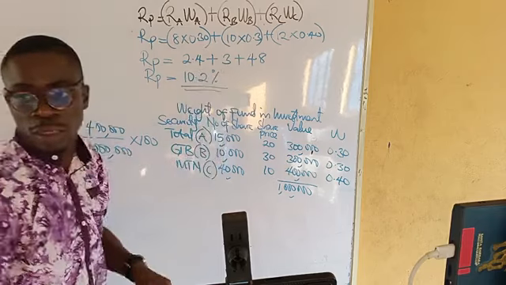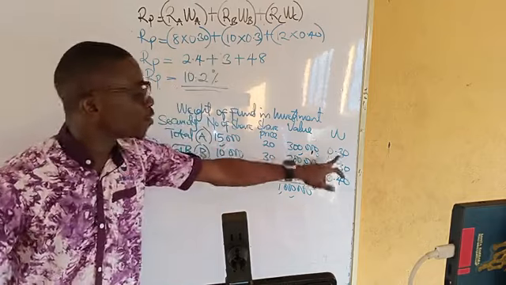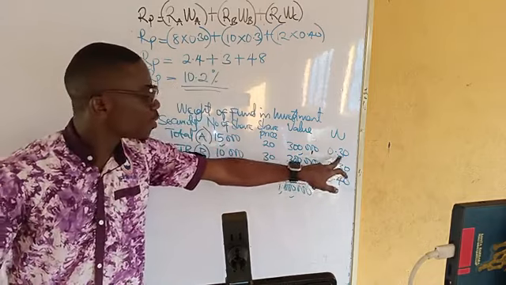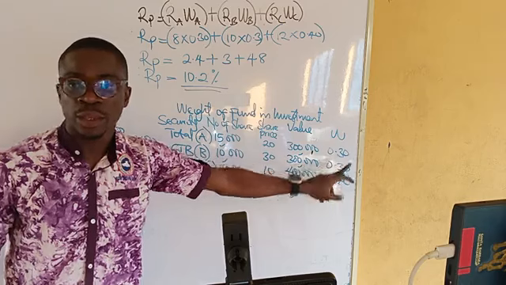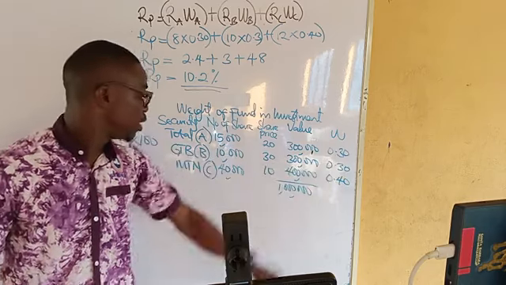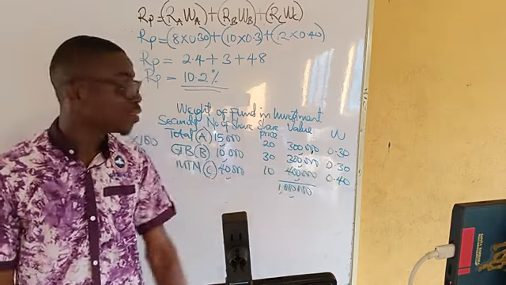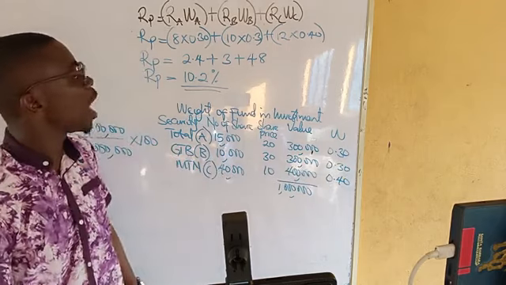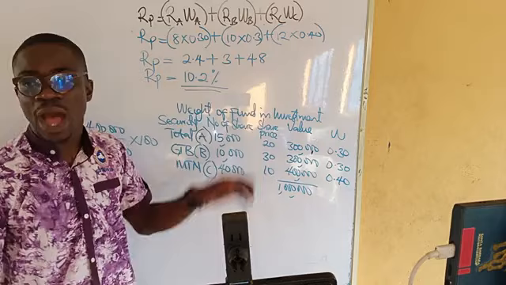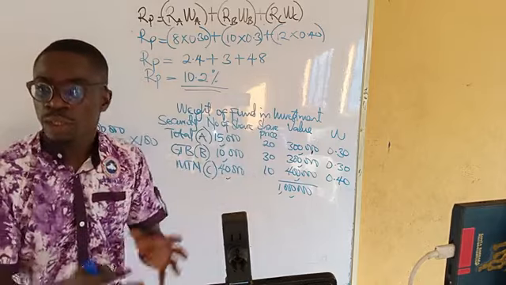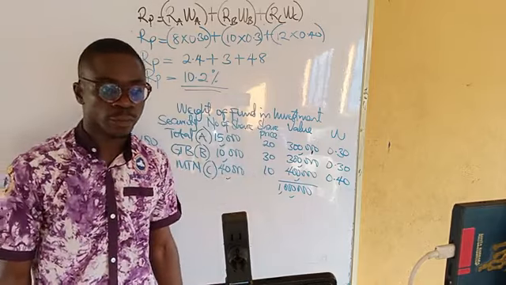That means if they invest 30% in Total, 30% in GT, and 40% in MTN, they are going to have 10.2% as the expected return on the three investments.